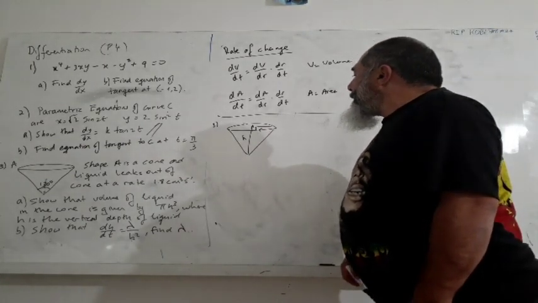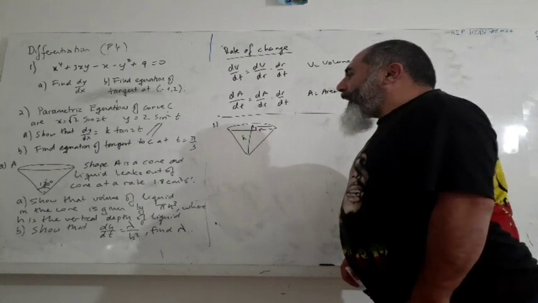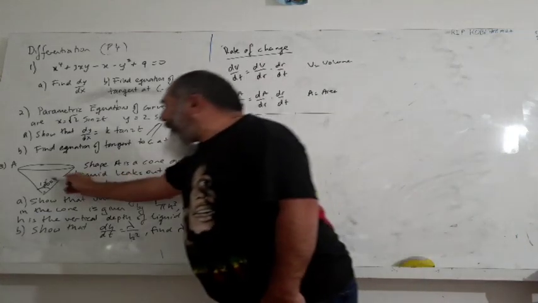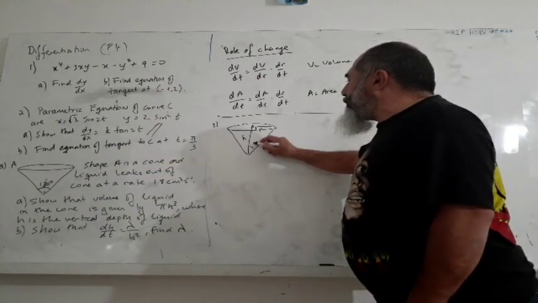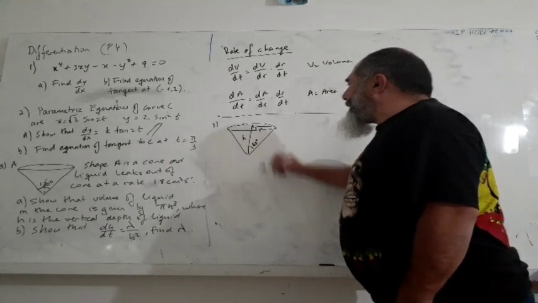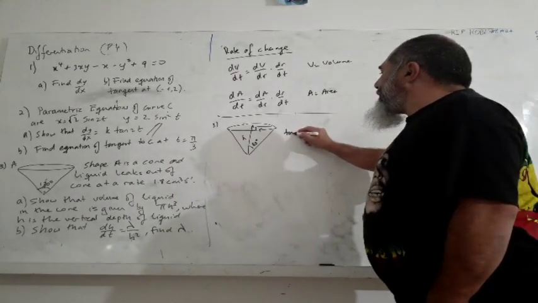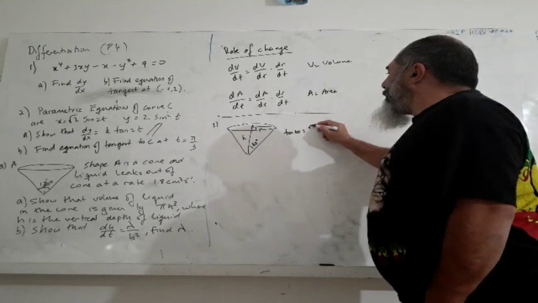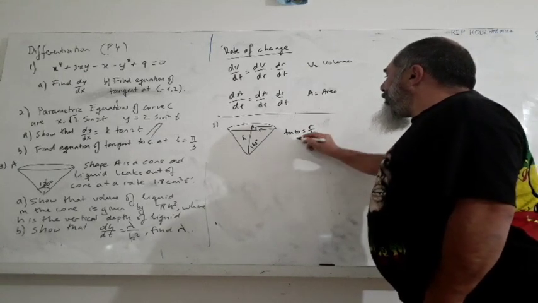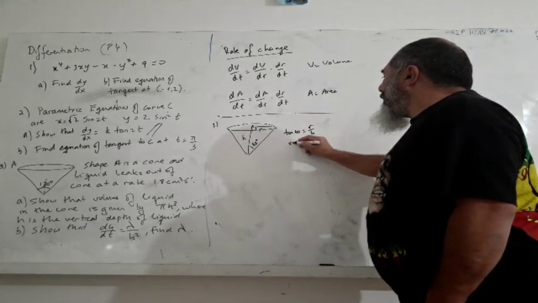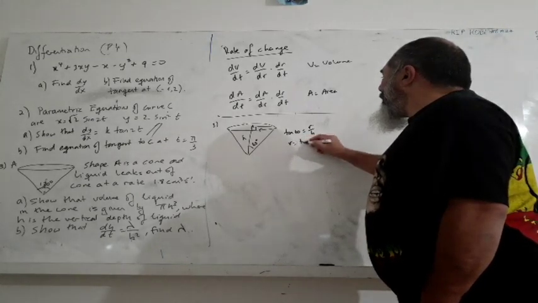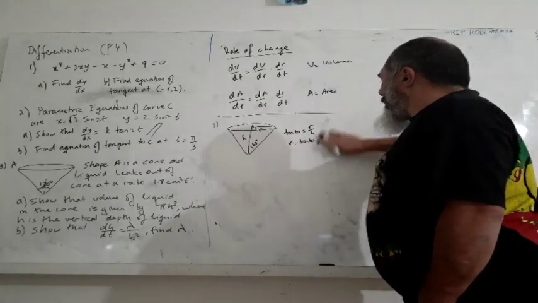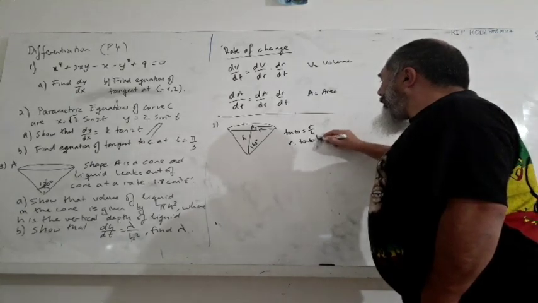If this is 120 degrees, that angle is going to be 60 degrees. So tangent 60 is equal to r over h, and we know r in terms of h for this question. So r is equal to root 3 h.